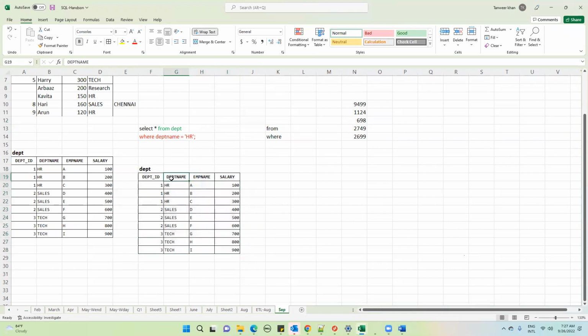Okay. Now it will concentrate on this department name column, and from this it will pick only those records where the department name is HR. Then it will start scanning, and wherever it is HR, it will filter those records out. So far it is clear?